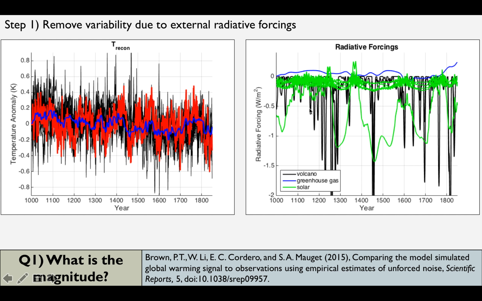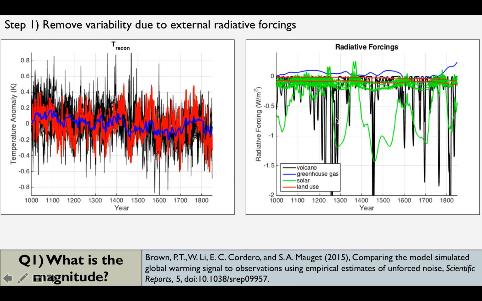The amount of energy coming from the sun varied, and these are several estimates of solar radiative forcings, and you can tell that there's a large variety of estimates of how large solar variability was over that time period. And then land use change, so basically humans changing the surface albedo.